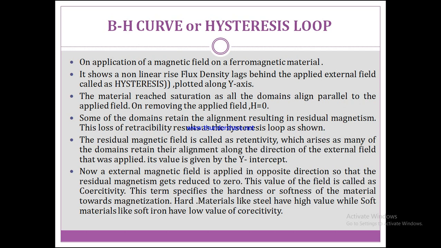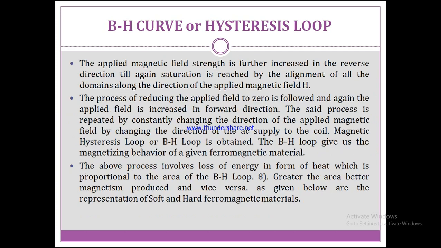Over here we can define specific definitions regarding the BH curve. The applied magnetic field strength is further increased in the reverse direction till saturation is again reached by the alignment of all the domains along the direction of the applied magnetic field H. The process of reducing the applied field to 0 follows, and again the applied field is increased in the forward direction.